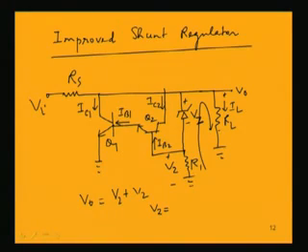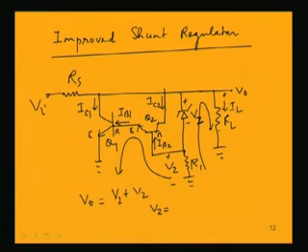Again, what is V2? Voltage across this resistance R1. If we again apply Kirchhoff's voltage law in this loop, having gone through these two transistors, this is the base, this is the emitter for this transistor Q2, and this is the base for this first transistor.